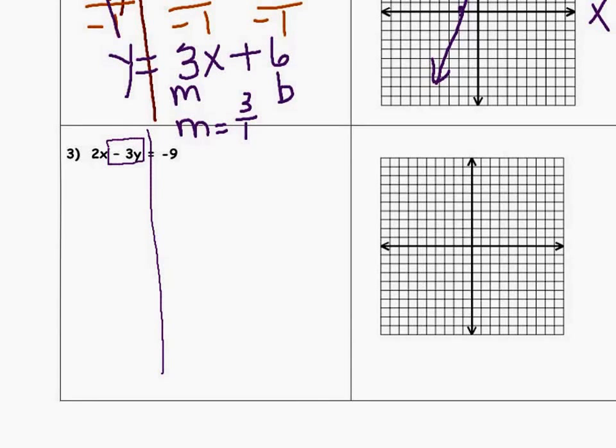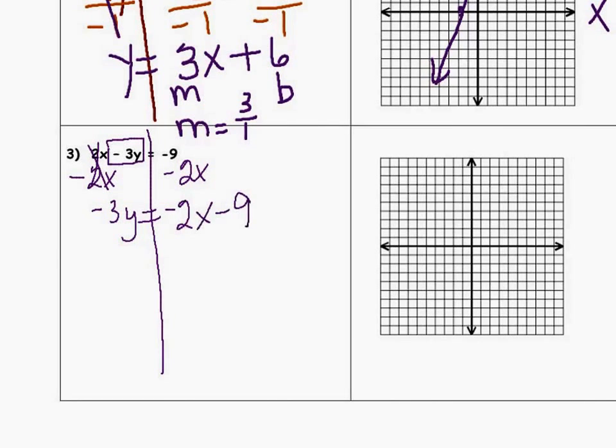So just to remove that, I'm going to subtract 2x from both sides. That gives me all my x's on the right hand side now. I'm going to bring down my negative 3y, my negative 2x, and my negative 9. Remember, those are not like terms, so they cannot be combined.